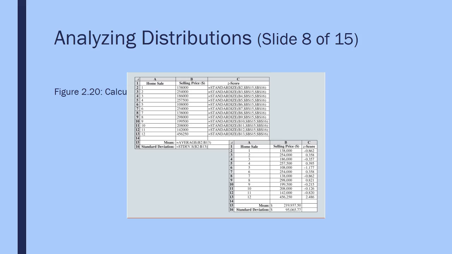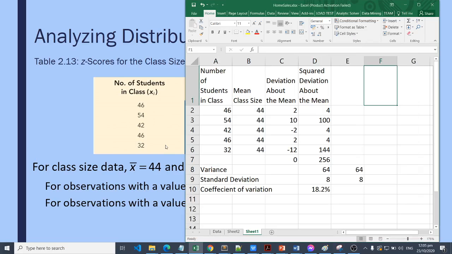So the z-score for each of the selling prices, we have here, using the standardized function. Now showing the z-score computation of our data, the manual formula is the deviation about the mean divided by the standard deviation.